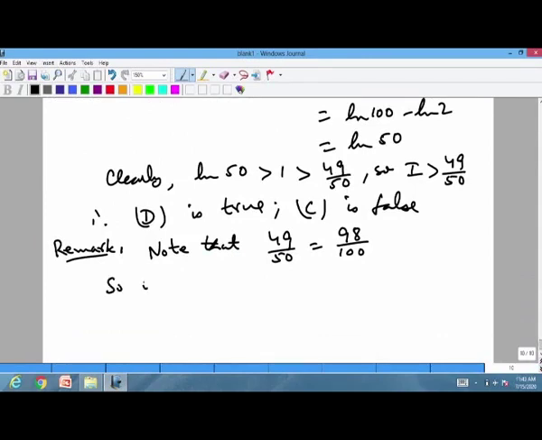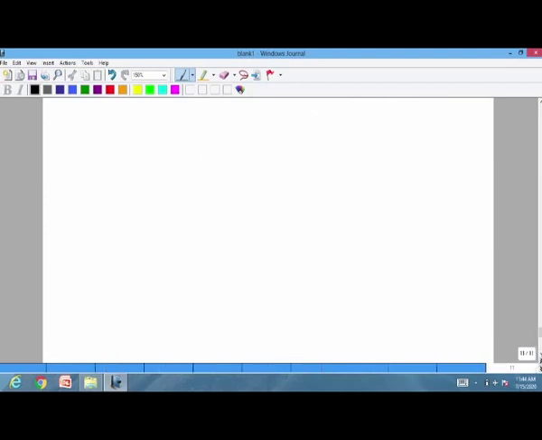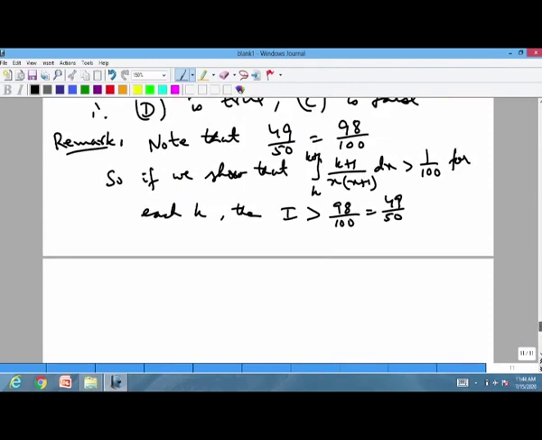So, let us look at the integral. If we show that integral k to k plus 1 is bigger than 1/100 for each k, then I will be bigger than 98/100, which is 49/50. So, showing that this integral is bigger than 1/100 is not difficult.